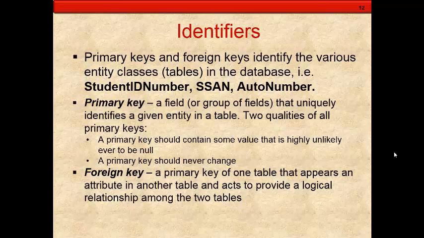In other words, my social security number uniquely identifies me for a number of agencies. My driver's license number uniquely identifies me within the California system. My student ID, my Sonoma State ID uniquely identifies me.